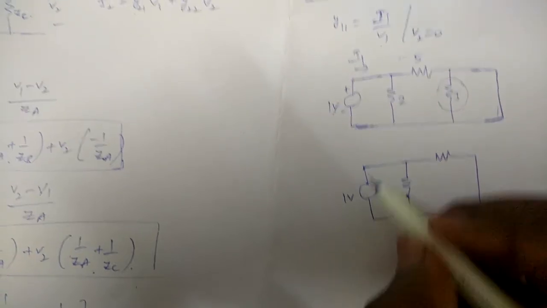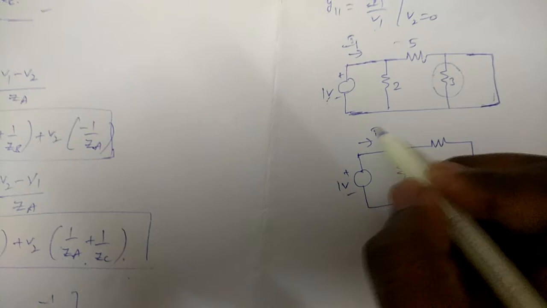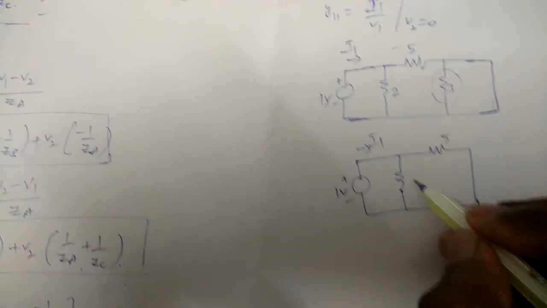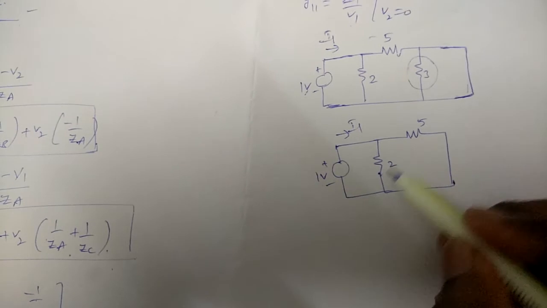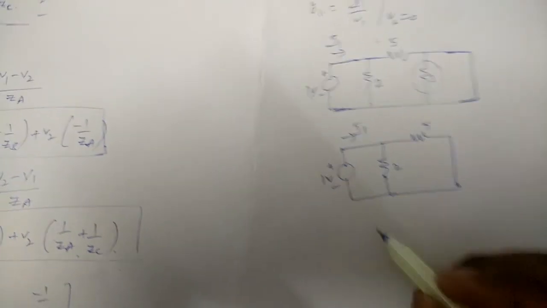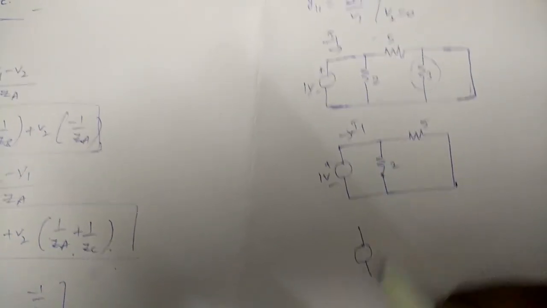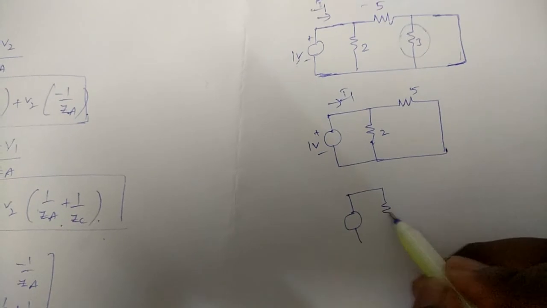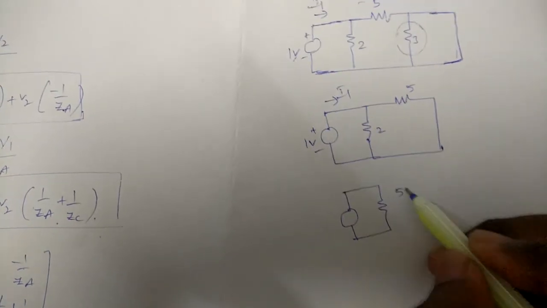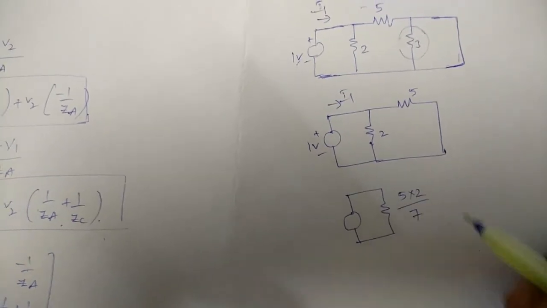This is 1 volt, this is I1, this is 5 and this is 2. These two are in parallel, so the parallel combination is 5 into 2 by 5 plus 2.